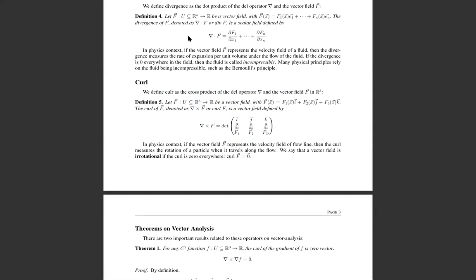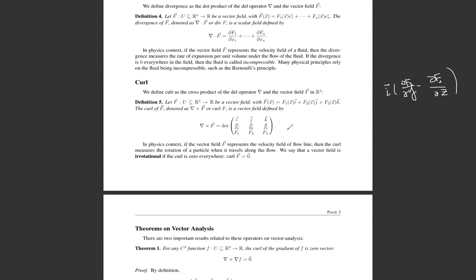When you expand the determinants, it will become the standard basis i times the determinant for this 2 by 2 matrix, which is partial y of f3 minus partial z of f2. This is i.